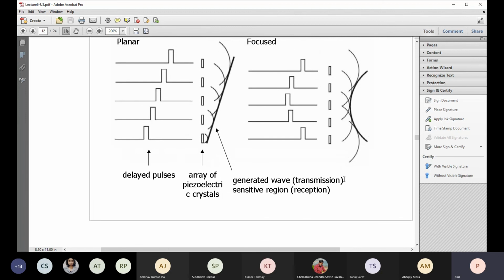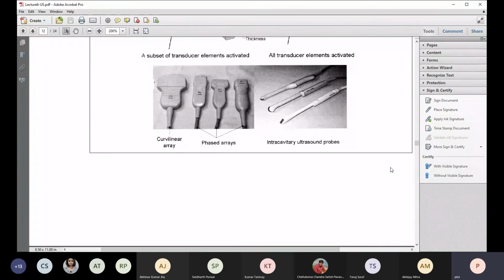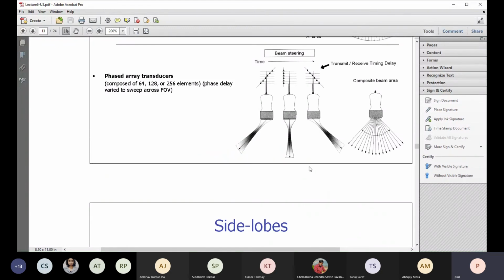Now, if we want to know the energy distribution, we have to take the Fourier transform of this aperture. If we take the Fourier transform of this aperture with this detailed information of the wave fronts, then there will be one main lobe and a lot of side lobes will come.